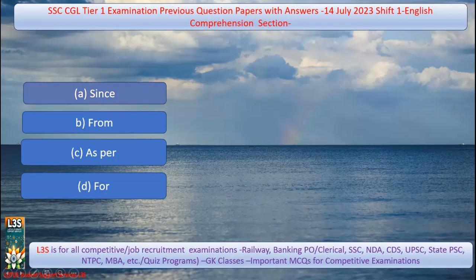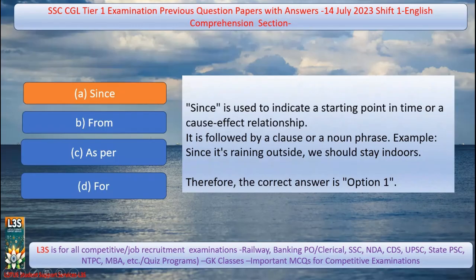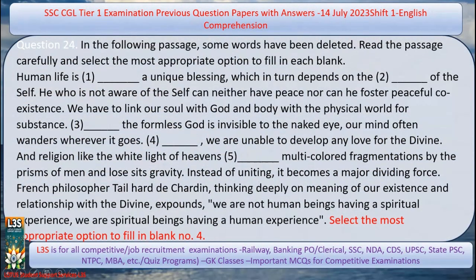And the right option is A, since. Since is used to indicate a starting point in time or a cause-effect relationship. It is followed by a clause or a noun phrase. Example: since it is raining outside, we should stay indoors. So it will be the correct option. The full sentence will be: since the formless God is invisible to the naked eye, our mind often wanders wherever it goes.